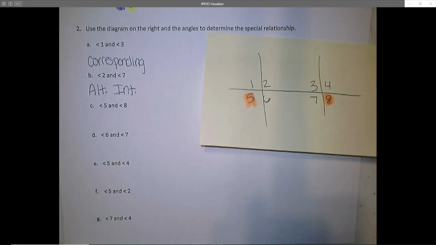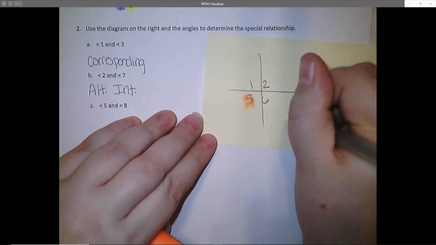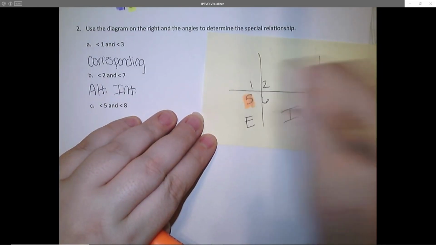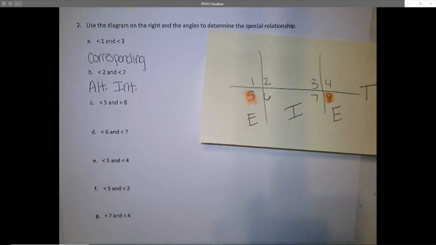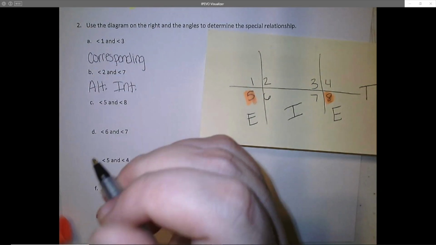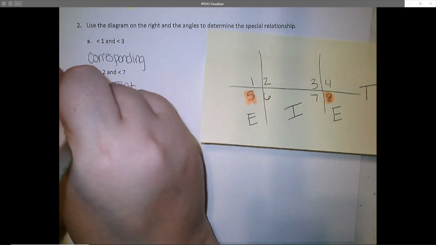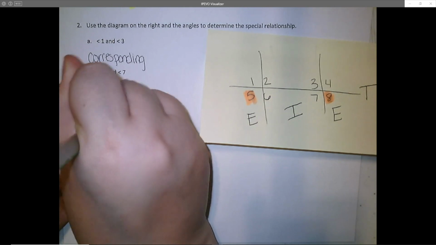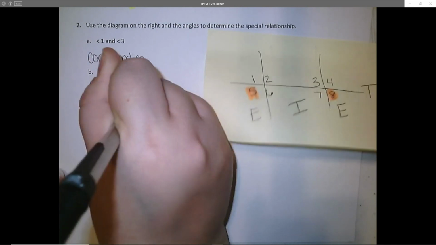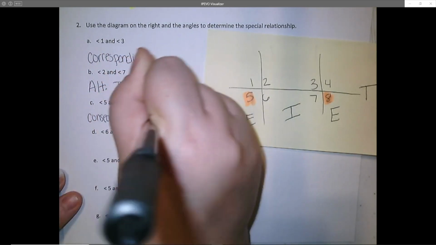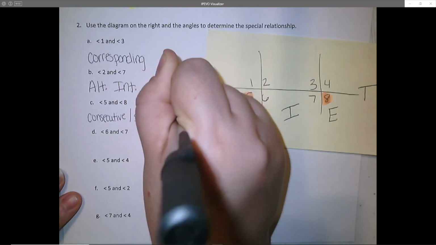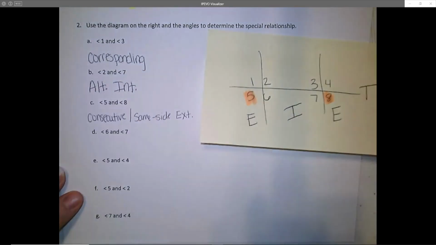Mark my transversal, my interior and my exterior. 5 and 8 are both exterior, and notice 5 and 8 are both below the transversal. Since they're on the same side of the transversal, these are consecutive, or you can call them same side, and I'm putting exterior because they are outside.